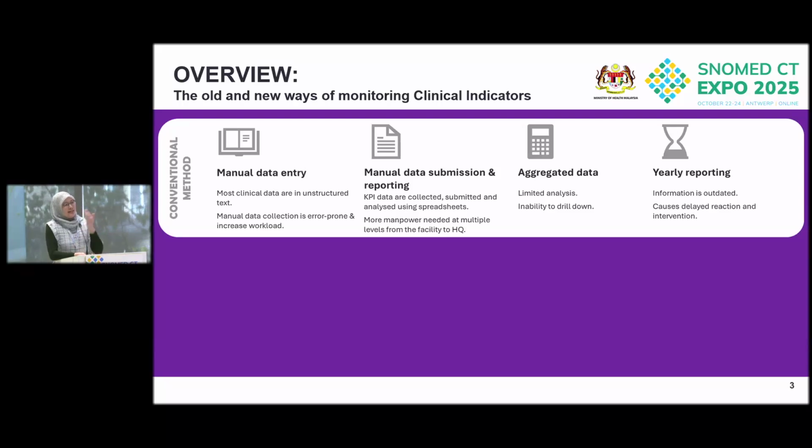But someone at the center would have to manually submit or at least monitor that shared Google Sheet, aggregate the data from different provinces or different states, and then the report would usually come sometimes 1 year later. So whatever action you want to take is usually quite late, right? And it's basically an observation of what has happened.